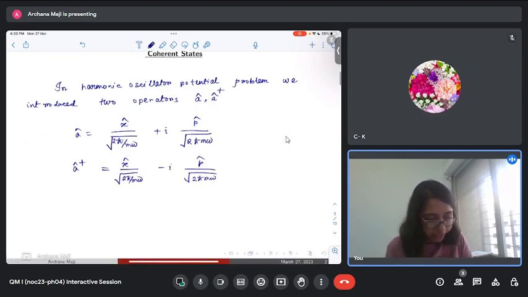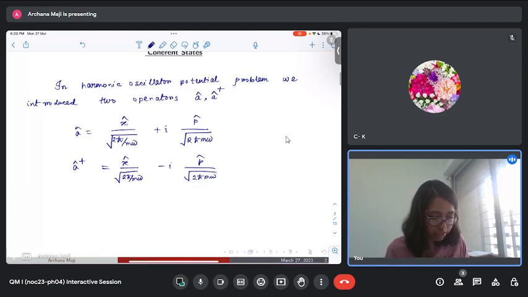So A and A dagger are not Hermitian operators, and their eigenvalues can in general be complex.